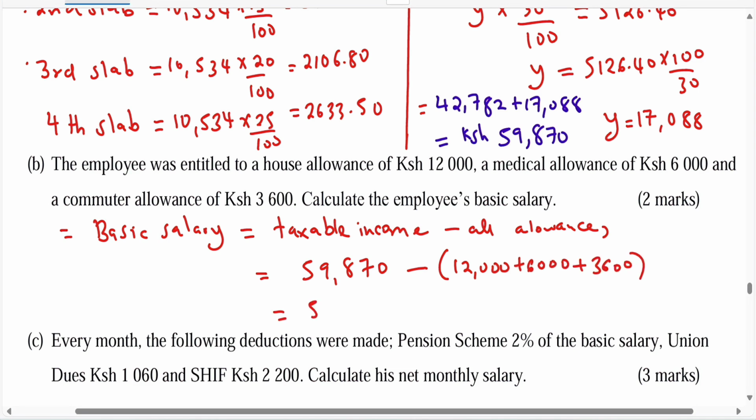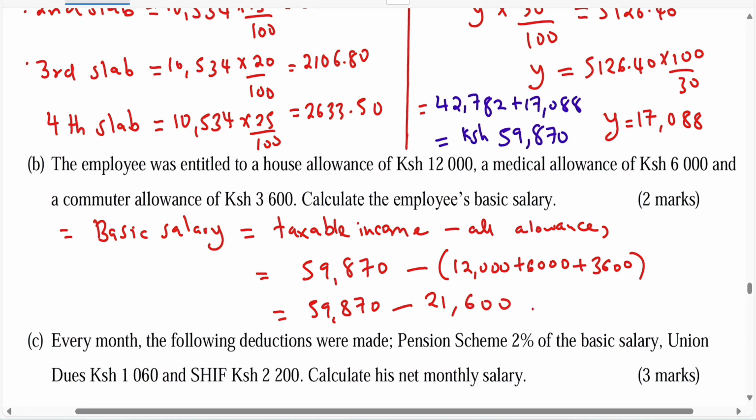So 59,870, hizo allowances zote ukiziadi ya kupangapi? 12,000 plus 6,000 ni 18,000 plus 3,600 ni 21,600. So I minus it by 21,600.